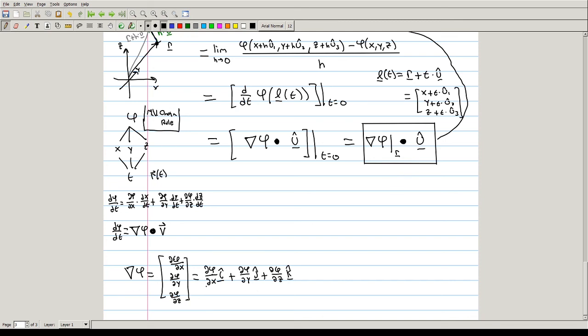By the way, another notation for the gradient that you might see is grad phi. This means the same thing as the upside down triangle next to phi. It just means the vector containing all of the partial derivatives of the function phi itself. All the first partial derivatives of the function phi.